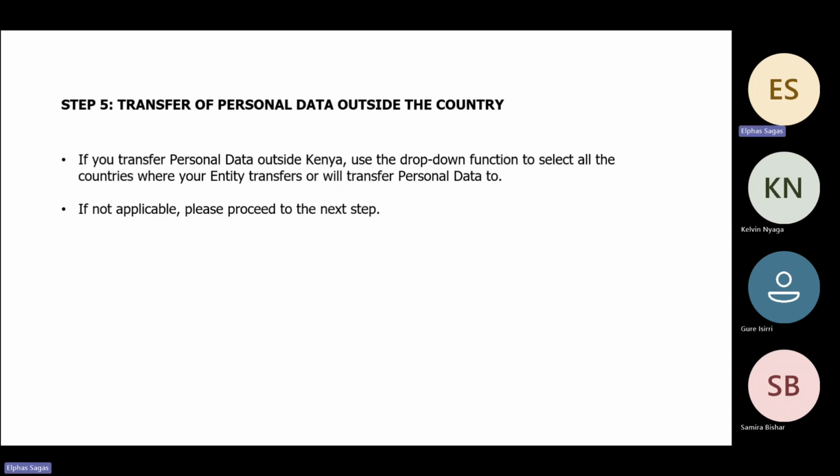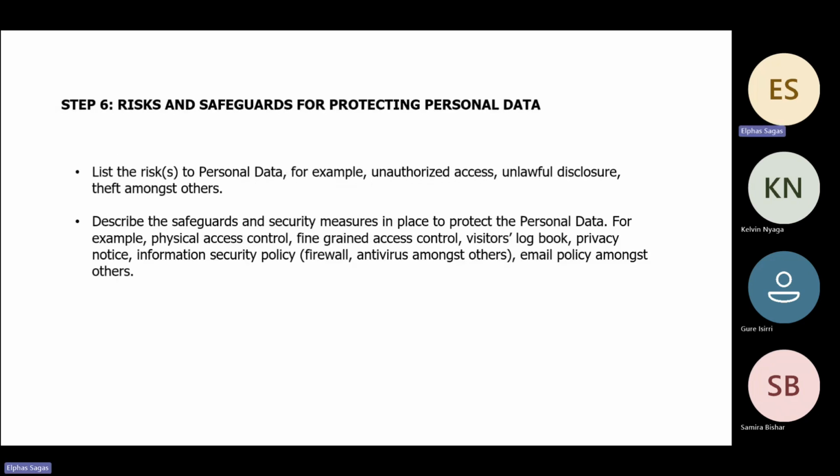The next step is step 6, where you need to identify risks and safeguards for protecting personal data. For you to be able to do this, what I normally tell clients is you have to do what we call the risk assessment of your working environment. Identify all the risks that you're likely to face.